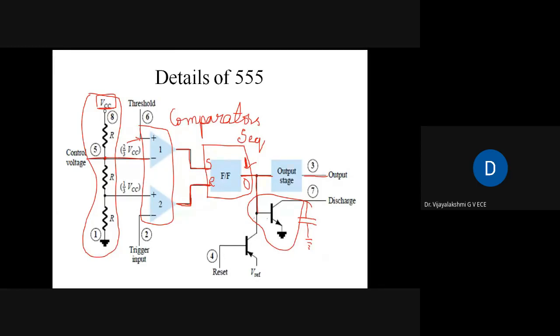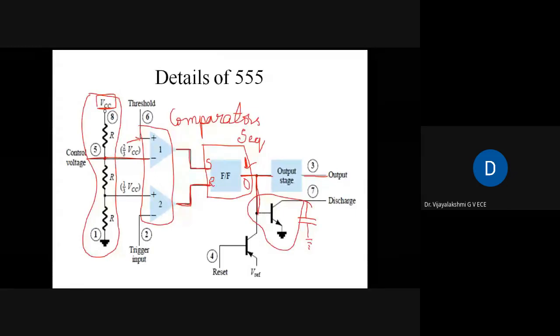Now when will this transistor discharge the capacitor? You can see here, whenever the flip-flop output is 1, that is getting connected to the base of the transistor. You all know about the transistor as a switch, right? You can control the action of the transistor as a switch by controlling the input you are giving to the base.